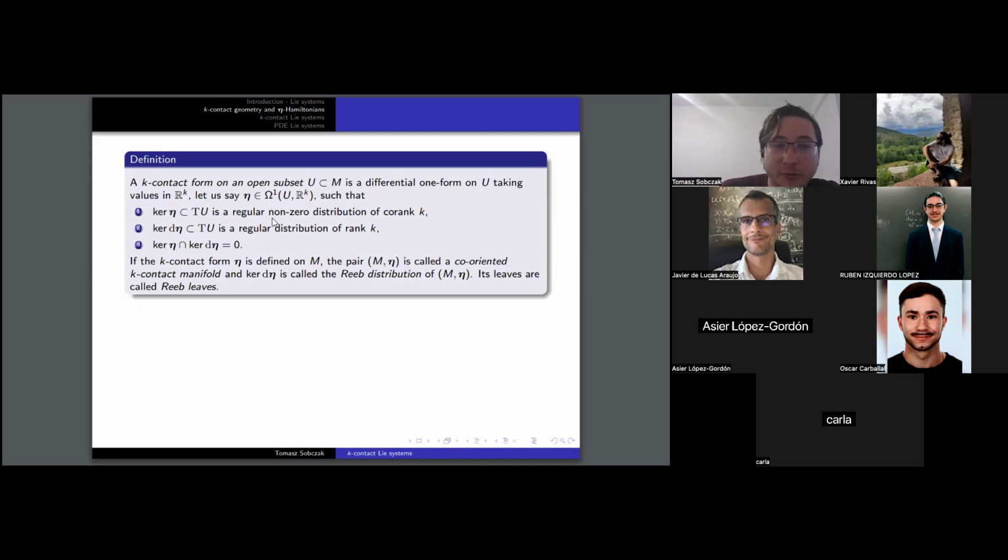The kernel of the differential of eta, which is also a subset of TU, has to be a regular distribution of rank K. And the most important property in the end is that those two kernels do not intersect. So the intersection of kernel eta and kernel d eta is equal to 0.